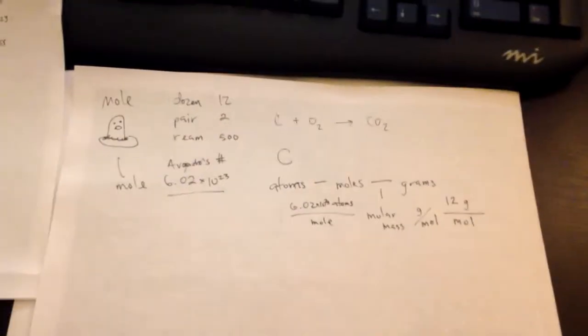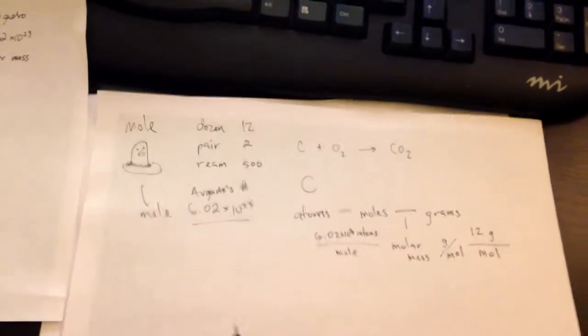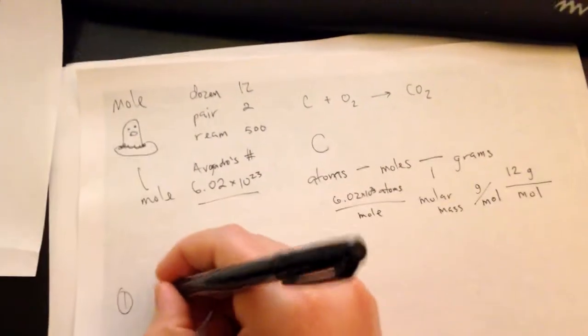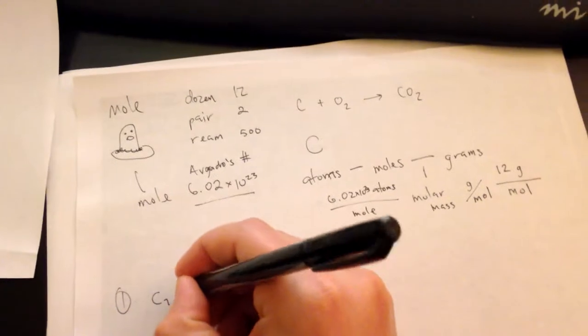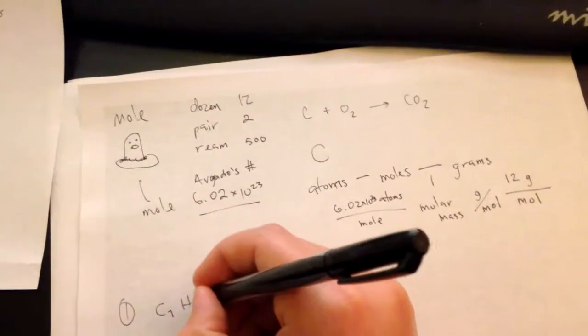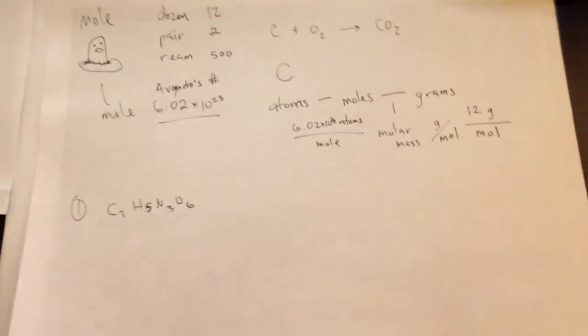The very first problem was the molar mass of TNT. It gives you the chemical formula, C7H5N3O6, and you just look at the periodic table, look at their weights, and then multiply and add as necessary.